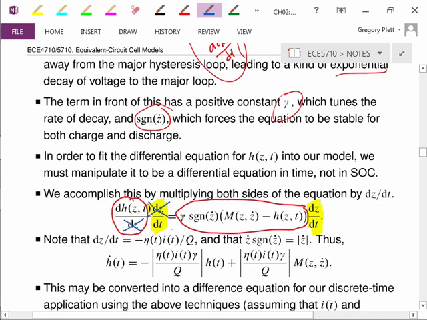The right-hand side, I insert what I know dz dt to be. We know that z dot is minus I over q, possibly with this Coulombic efficiency eta factor. So for generality, I will keep the eta factor here.